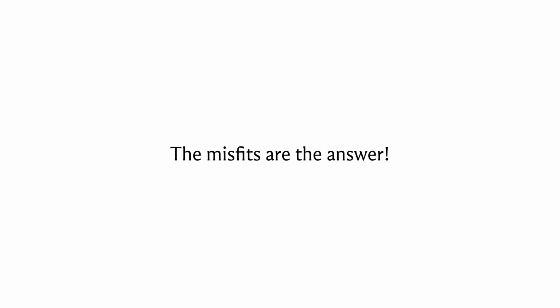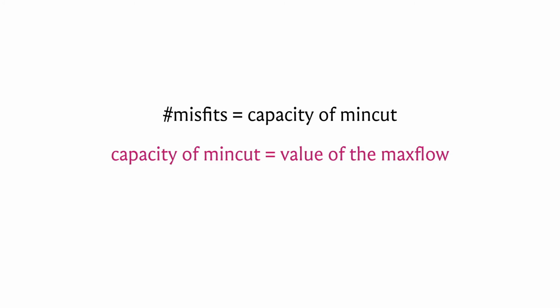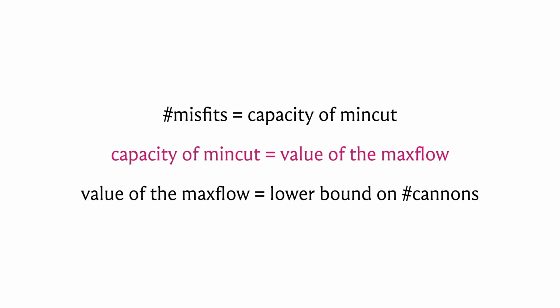But just to summarize how we came here, we said that the misfits are as many as the capacity of the minimum cut. By the max flow min cut duality, we know that the capacity of this minimum cut is equal to the value of the maximum flow, and because of our previous discussions, we also know that the value of the maximum flow is the same as the size of a maximum matching in this graph, which we know is a lower bound on the number of cannons.